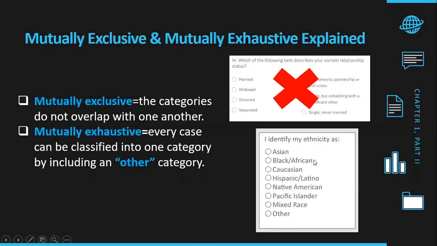Now we can further improve on this question by also including the words, please specify. And by including the words, please specify, we provide the opportunity for the respondent to tell us what their ethnicity is, so that we're able to capture that within our results. So this is what is meant by the terms mutually exclusive and mutually exhaustive.